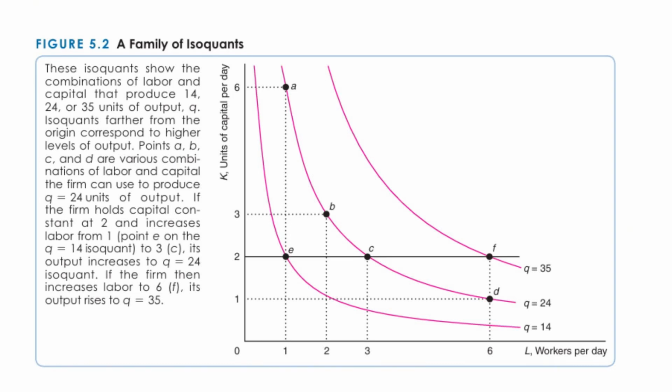So this means that when capital is fixed and labor increases, the firm's output also rises. However, to reach higher isoquants or output levels, the firm must keep adding more labor. This illustrates the law of variable proportions, where additional labor leads to higher output but the rate of increase may eventually slow down.